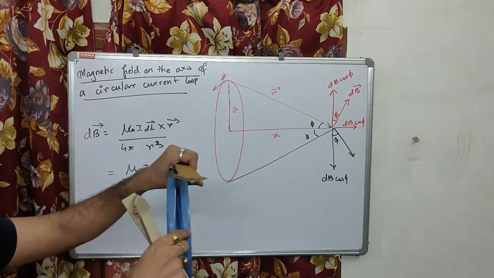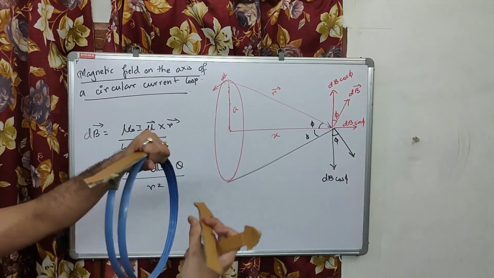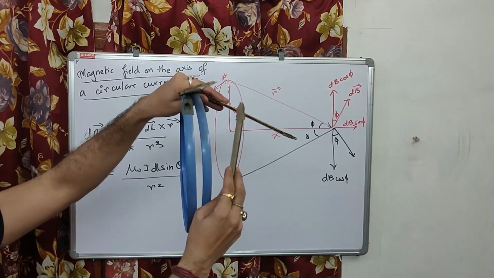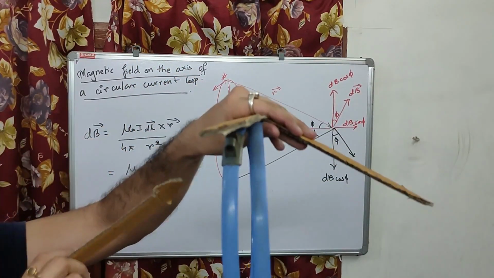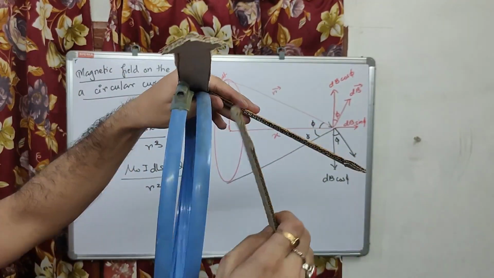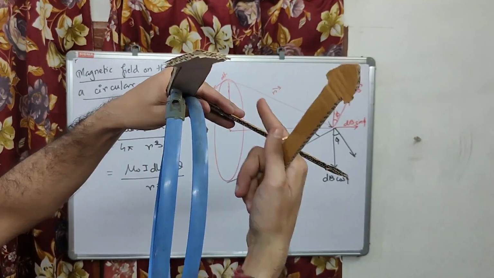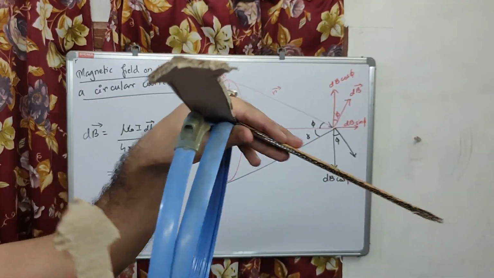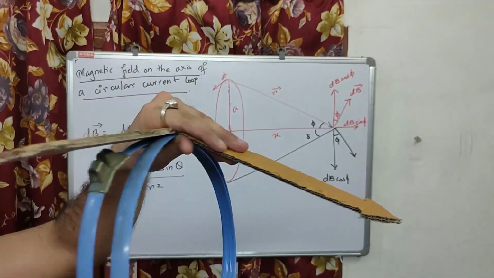If you consider this as dl and this as r, then you can understand that the angle over here is 90.